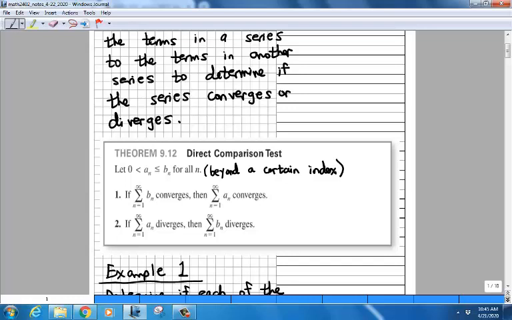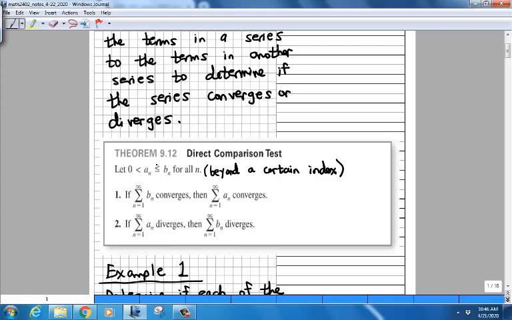We're given a new series, and we're trying to decide, does it converge or does it diverge? But we notice, ooh, this series looks like another series that we already know about. So we can use the comparison between those two series to get information about the new series. We can use our old knowledge of the old series to help us determine what happens with the new series. That's just what is embodied in this direct comparison test.